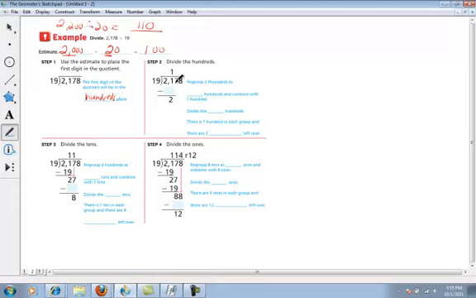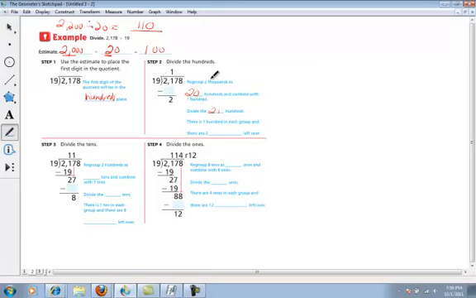Now, let's look over here at step 2. We're going to divide the hundreds, because that's where we're going to be starting our quotient. Now, we have 2,000s and we have 100. So we need to regroup the 2,000s as 20 hundreds and combine it with the 100 that we already have. So now we're going to divide 21 hundreds and put them evenly into 19 groups.